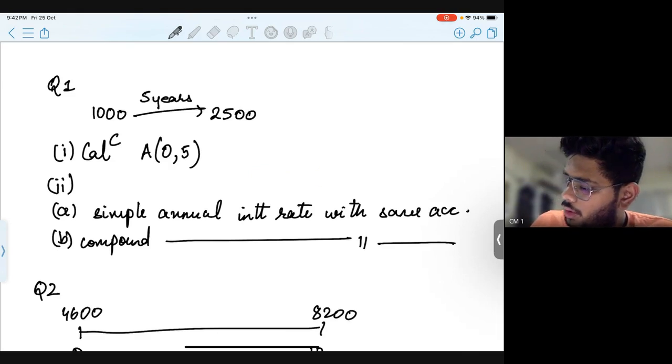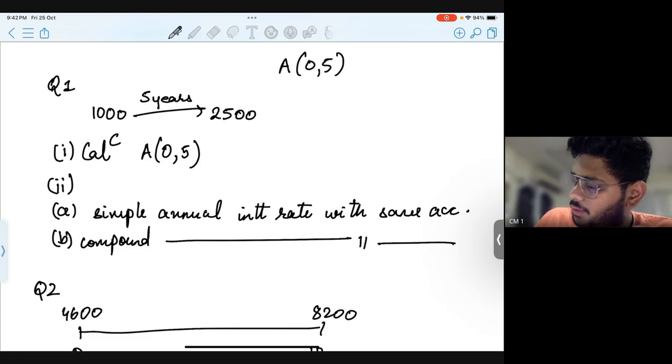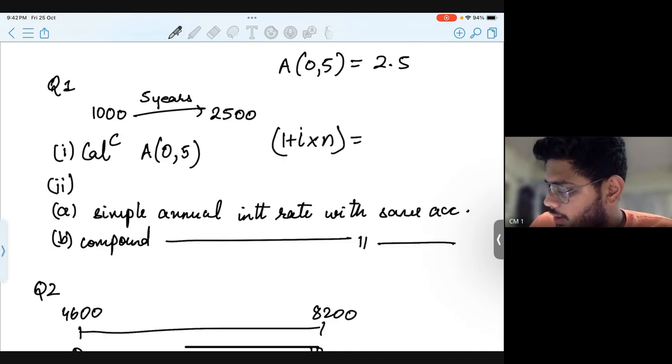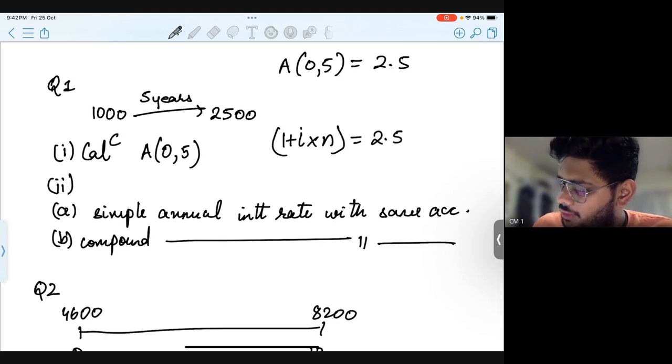Moving on. Now, our A(0,5) is equal to 2.5. What is the formula for simple interest? My (1 plus i into n) should be equal to 2.5, and n is equal to 5.